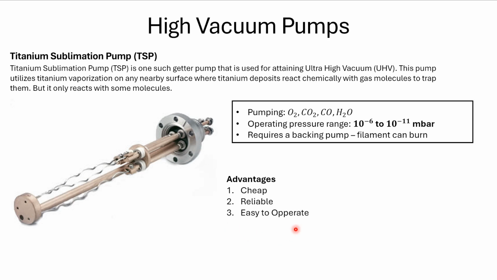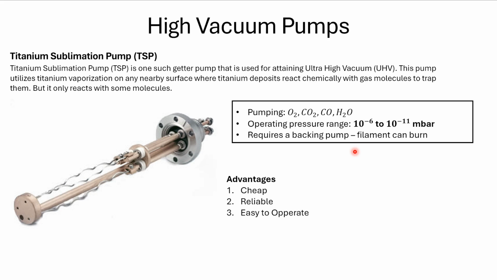The most important thing when you are operating a titanium sublimation pump is that you have to watch the pressure. If the pressure exceeds 10 to the minus 5 torr, for instance, you can damage the turbomolecular pump. How can it be achieved? If your system has a high amount of water, you will create hydrogen gas, and the created hydrogen gas can increase the pressure a lot.